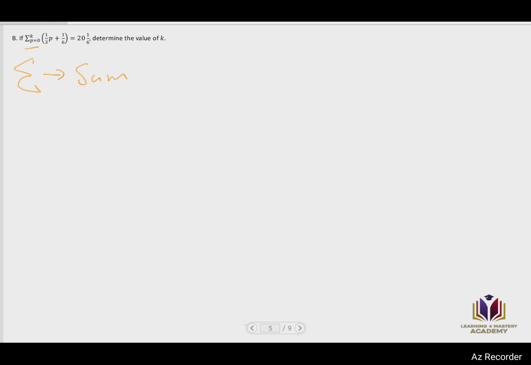So if we calculate the value of n and it gives us 14, we need to subtract that 14 by 1 to get the number of terms from T1 up until the last term. Let me repeat that. If we calculate the value of n and it gives us 14, we have to subtract 1. Why do we subtract 1? It's because there's an additional term, T0, that has been added.